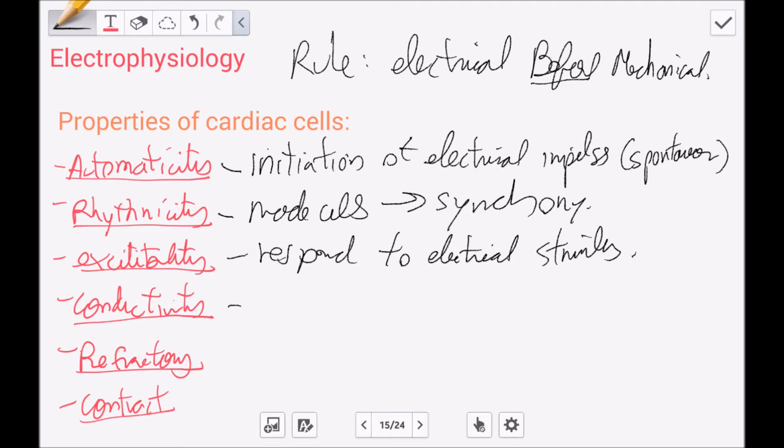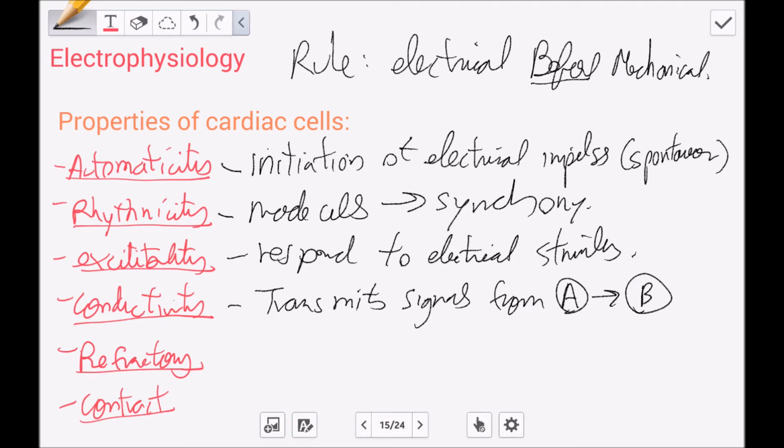Conductivity is another property of cardiac cells, and like I said, it is the function of the cell to transmit signals from one cell to another. Okay, refractoriness, this is the resting phase. That means that no excitability is allowed.